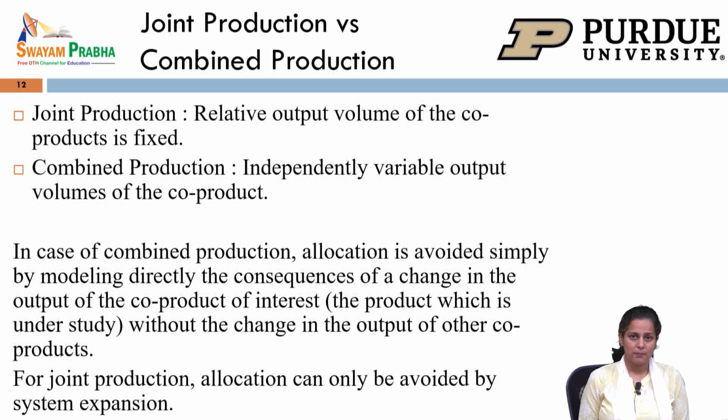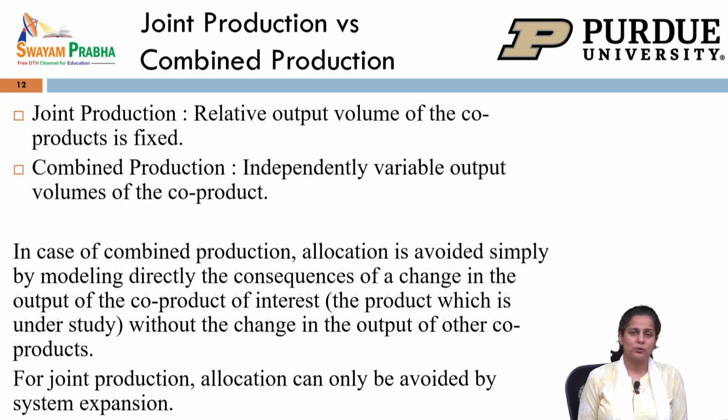When we have combined production, we can simply avoid allocation by identifying the consequence of a change in the output of the co-product of interest without a change in the output of other co-products. So, if my plastic bag type A, the oval type, is the focus, then we can simply scale up or scale down that production. We do not need to bother about the other type. So, that is the case of combined production.